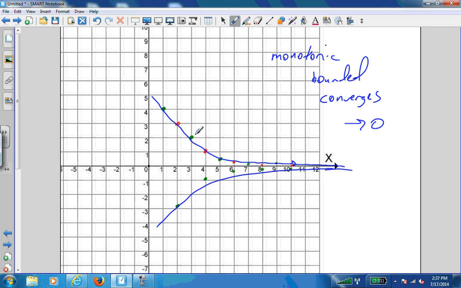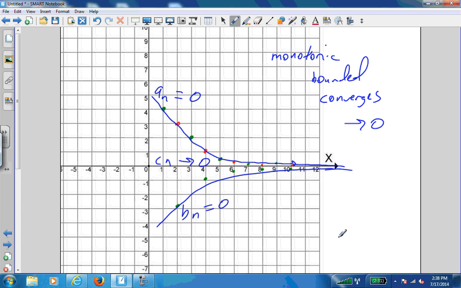If our sequence is always between two sequences that have the same limit, say the limit of this sequence is 0 and the limit of this sequence is 0, then the limit of the third sequence in between will also be 0.